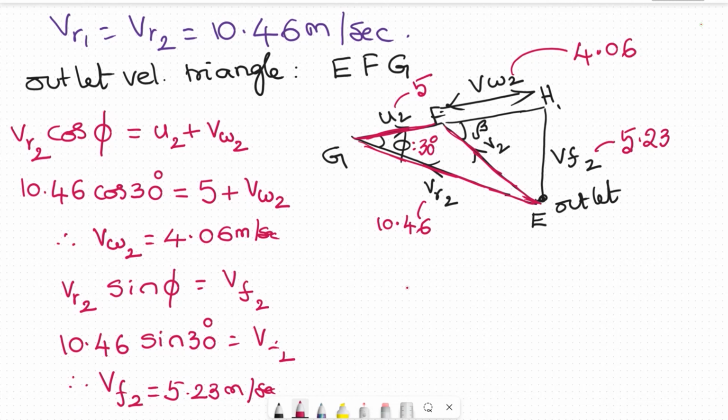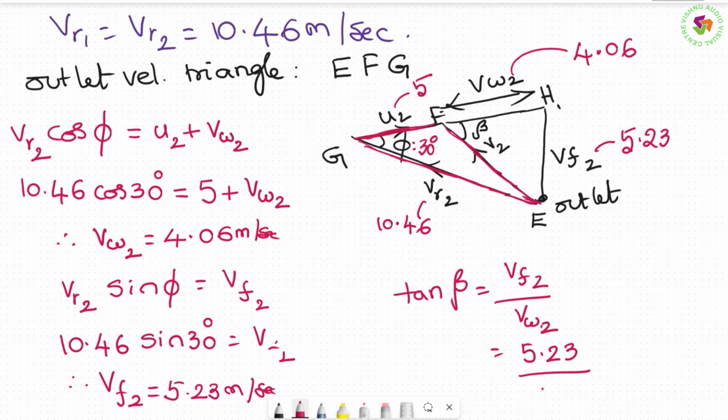Then tan beta is equal to VF2 divided by VW2. So VF2 is 5.23 divided by 4.06, which is 1.288.